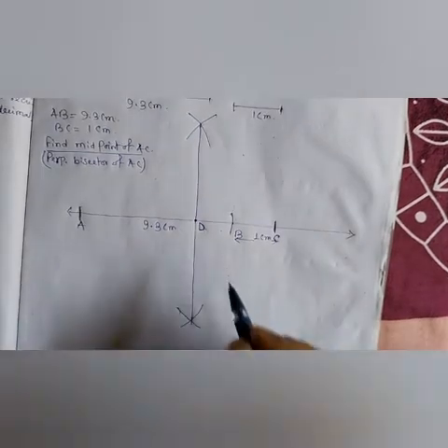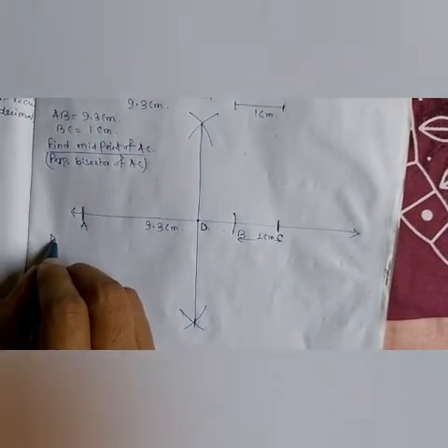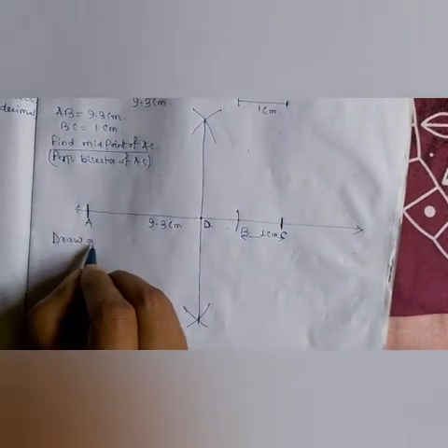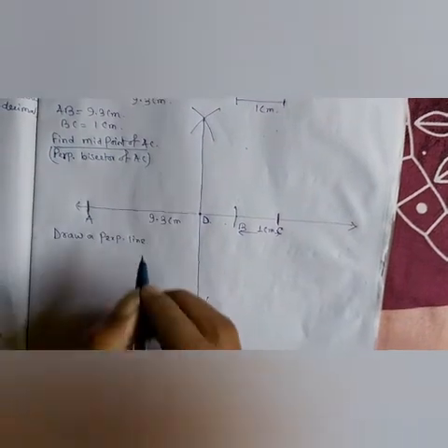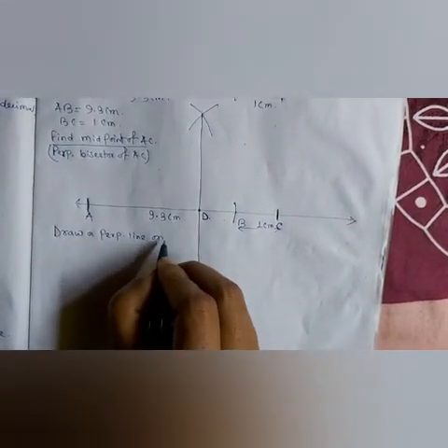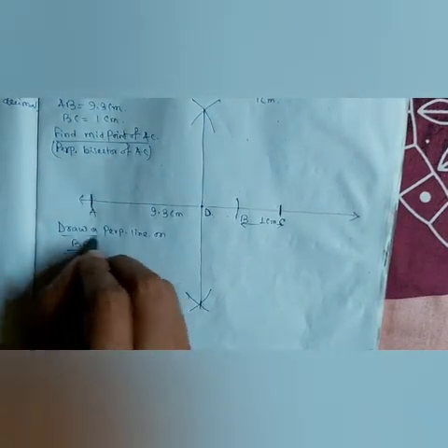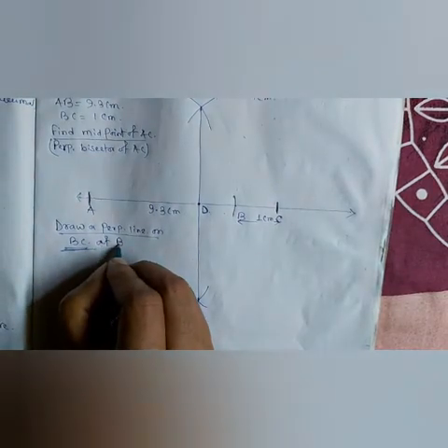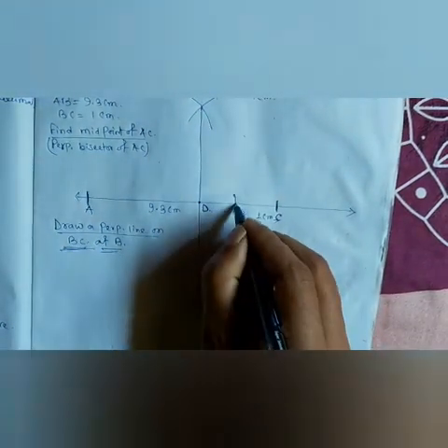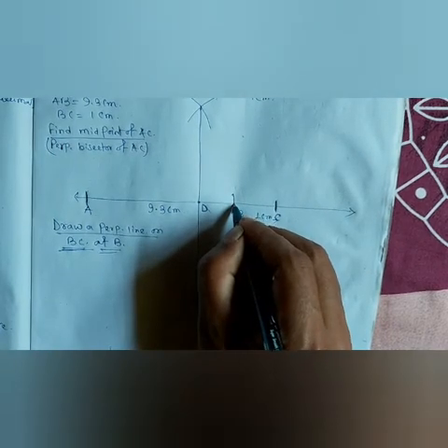And last thing, we have to draw a perpendicular line on BC. Draw a perpendicular line on BC at B. At B, that means at the end of 9.3.